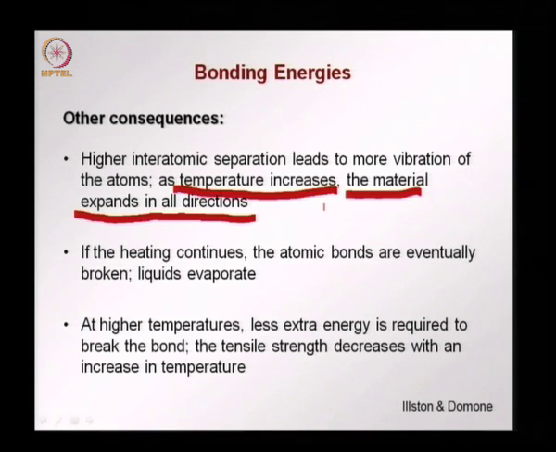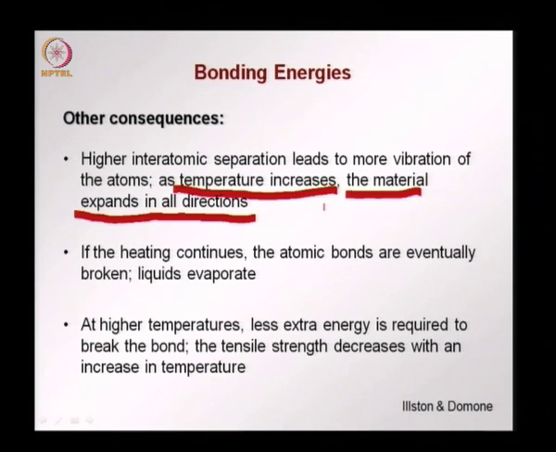Also, we see that breaking a bond at higher temperatures will be easier, because already the bond is separated, the particles have a large distance between them, and therefore, to break that bond at a higher temperature you need less energy. And this is reflected by the fact that the tensile strength of any material generally decreases with an increase in temperature.